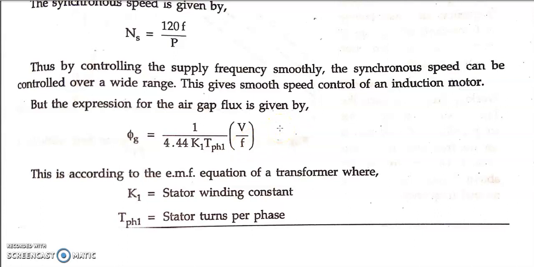Just an example, don't take it as an actual calculation. Now if I vary the frequency, obviously the value 2 will change to some other value, yes or not? So in order to maintain it at 2 itself, I need to vary the voltage in such a manner that V by F is always maintained constant.